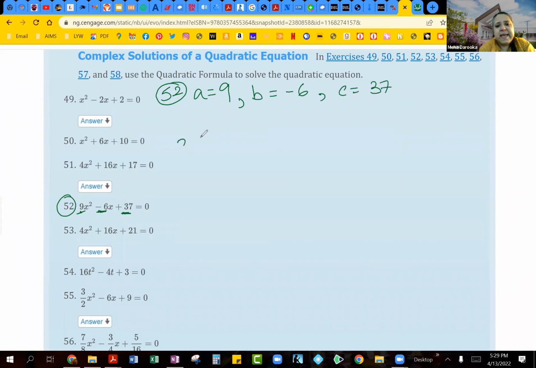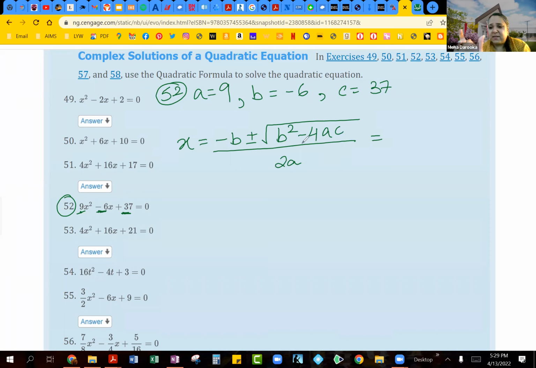Our variable is x, so this will be x equals negative b plus or minus square root of b squared minus 4ac divided by 2a. And it's actually that b squared minus 4ac, that little calculation there, which tells you if you're going to get a real number answer, if you're going to get imaginary answers. And it also tells you if you're going to get a single answer or 2 answers. So remember, that's what we call the discriminant.